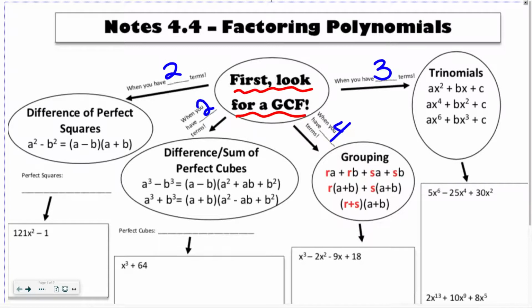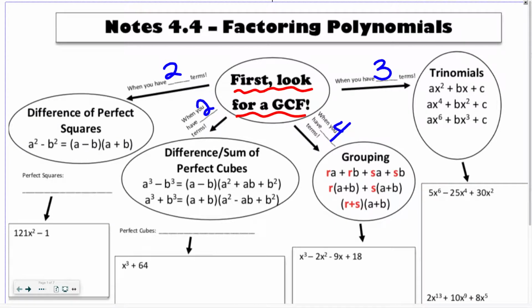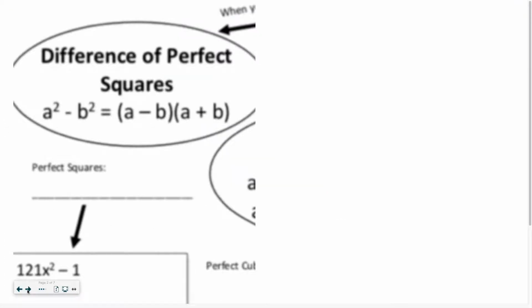Okay, so we're going to go through the 4 different types of factoring. Some of them should seem familiar to you. I'm going to go on to a different slide so I have more space to write, so I just took a quick picture of it. I think I start with the difference of perfect squares.